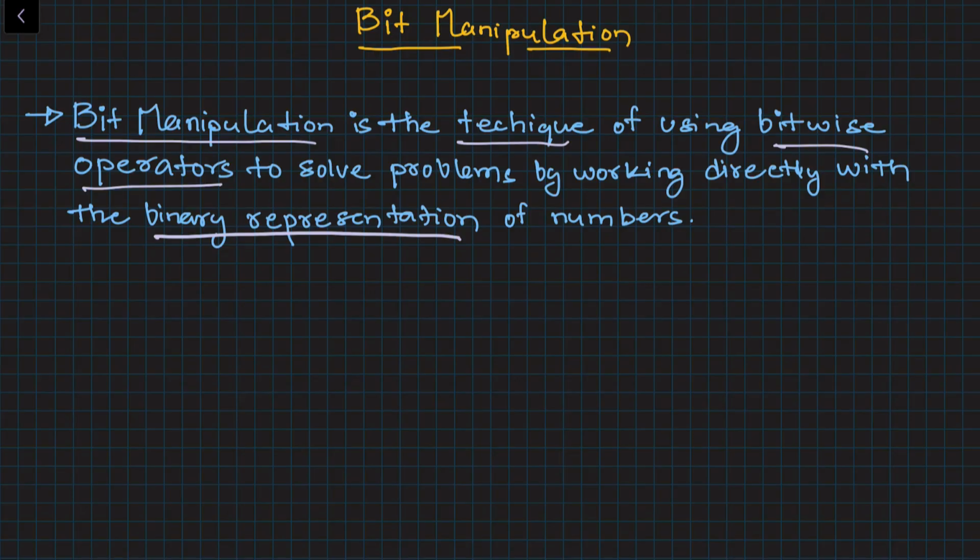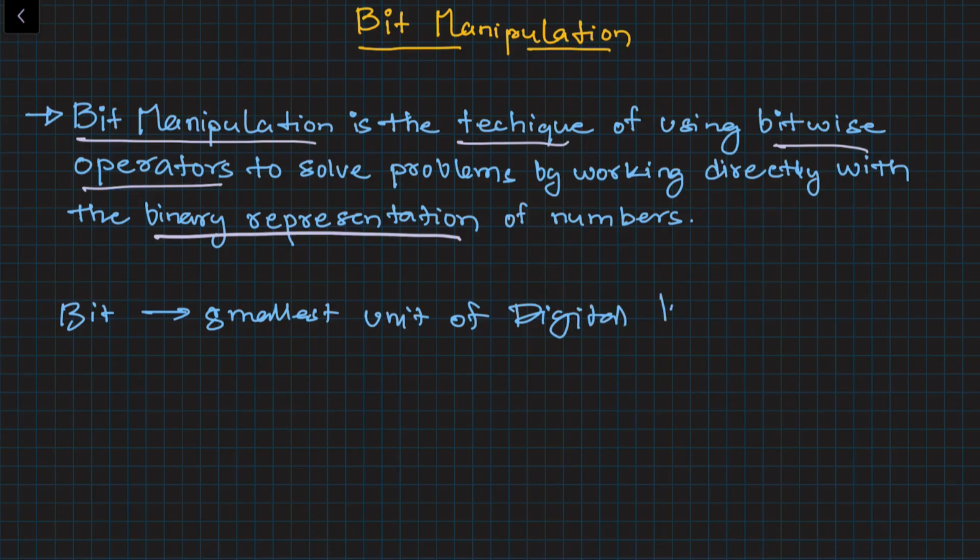First, let's understand what a bit is. A bit is basically the smallest unit of digital information, and we represent this digital information using 0 and 1.